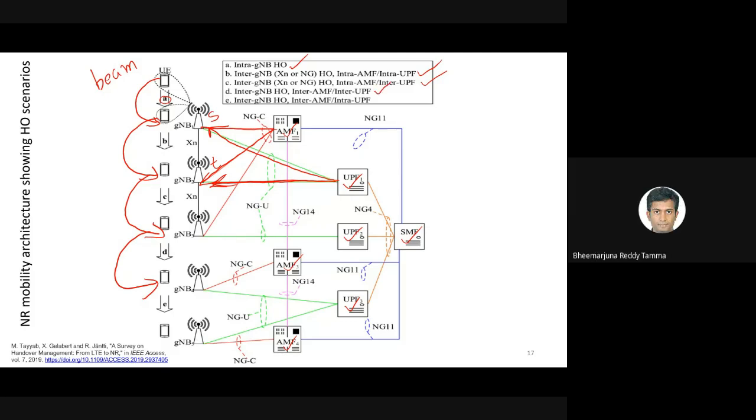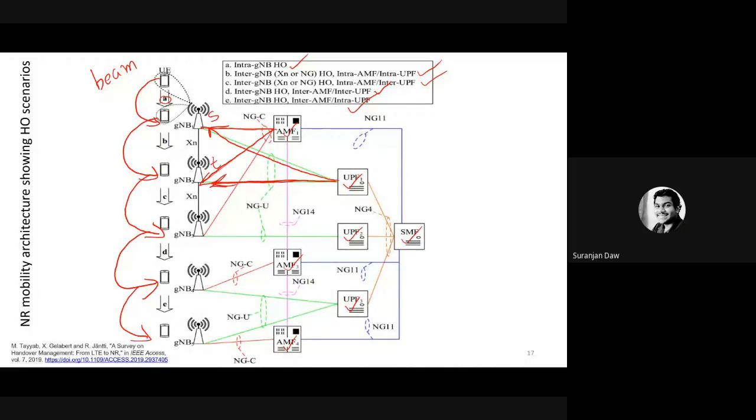So now you got not only the new base station, you got one more AMF and one more UPF to serve you. And the last case: only the AMF changed, but not the UPF. I hope you understood the picture, even though it looks a bit complex.